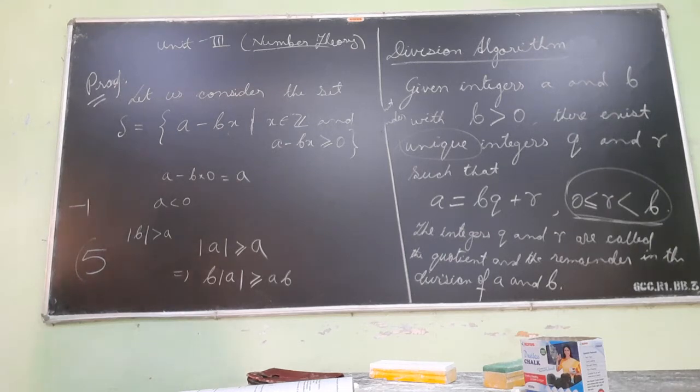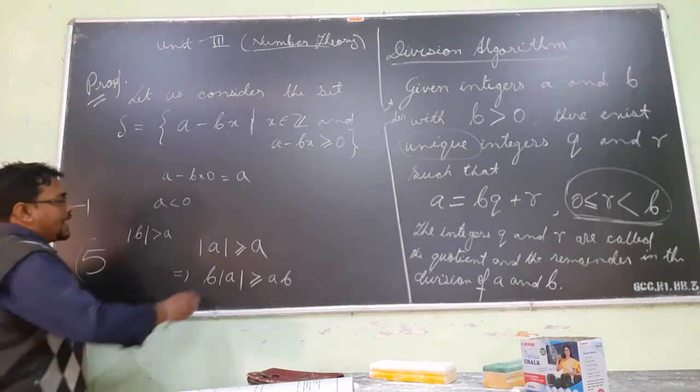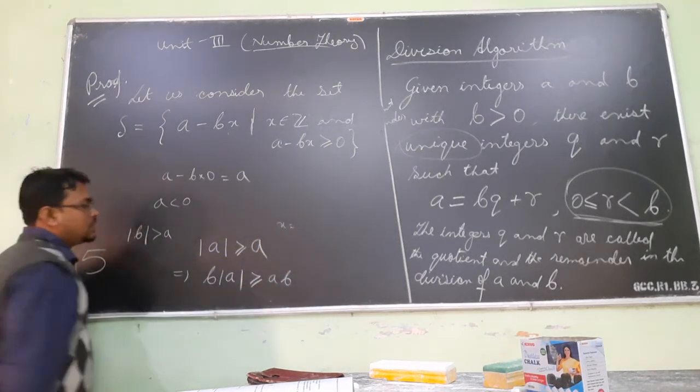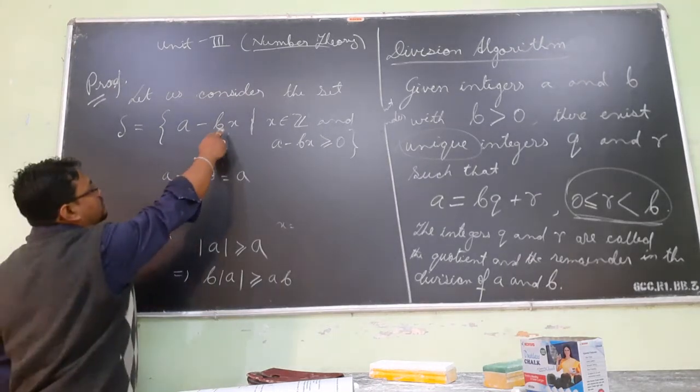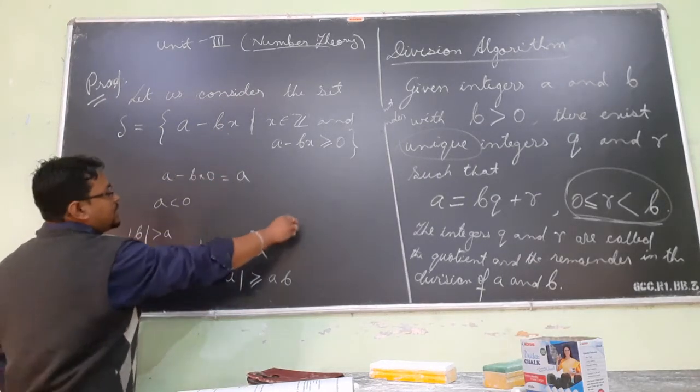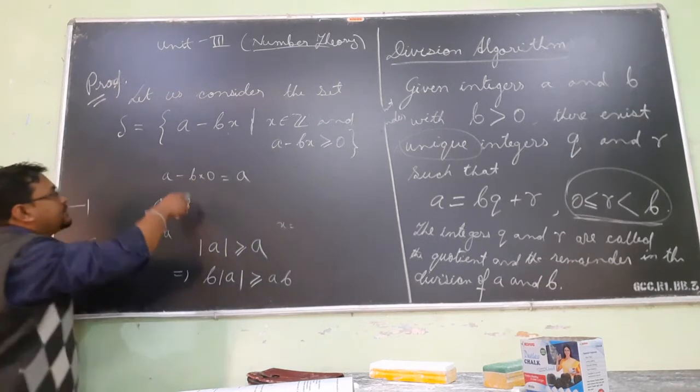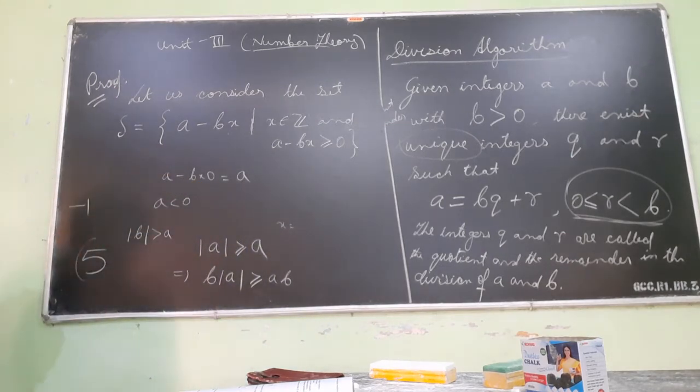If I take x to be mod A, then for this, if A is negative, what will happen to that?